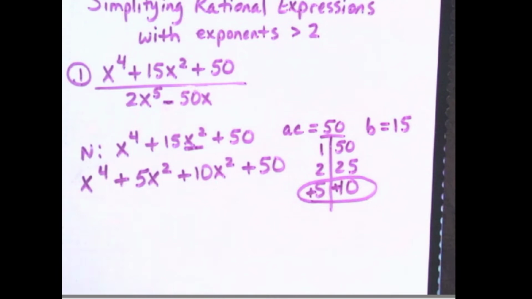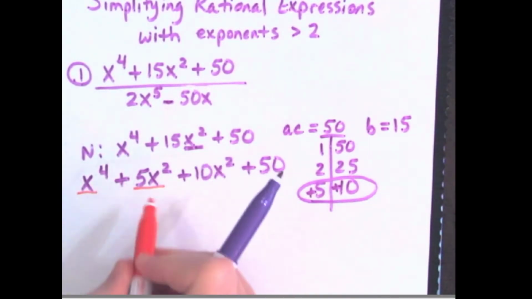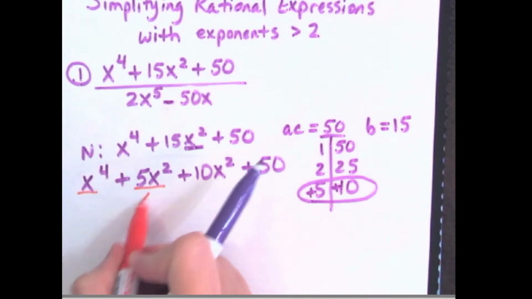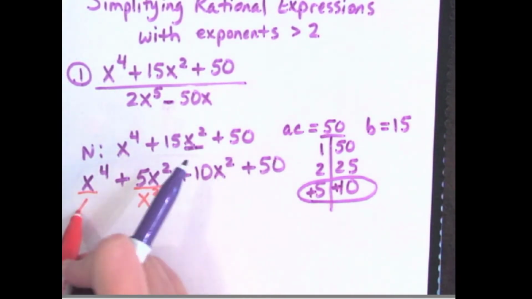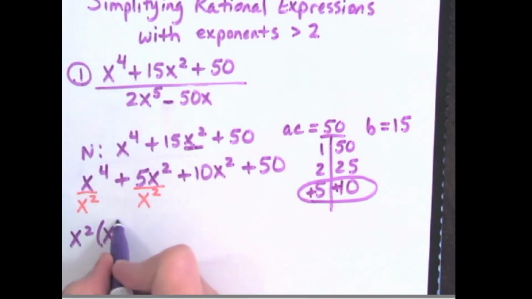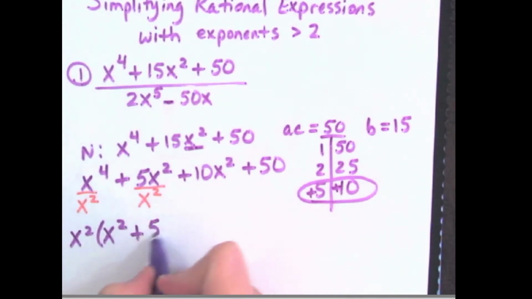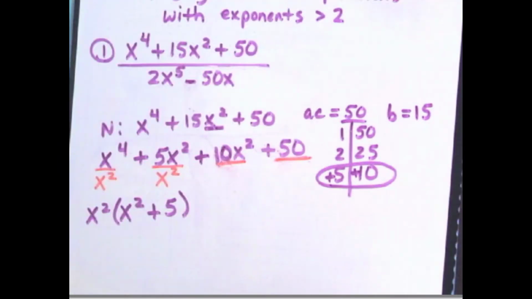And then we look at the first 2 terms, and we want to take out the GCF, and that will be x squared. I can take that out of both. And then that will be x squared, subtracting those exponents, 4 minus 2. And then here the x squareds cancel, and we're left with 5.